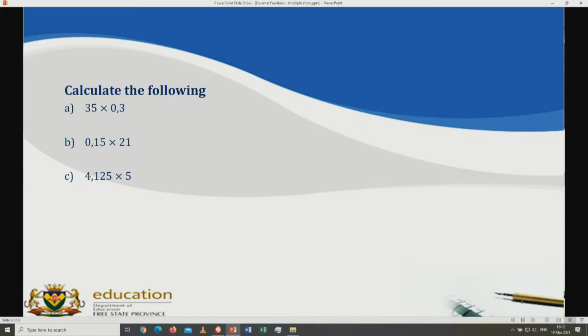Ne? And then number B is going to be 0,15 multiplied by 21. Ne? And then number C is going to be 4,125 multiplied by 5. Let's see how many we can do quickly.